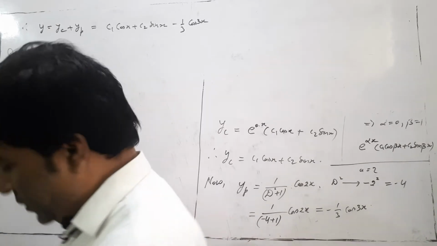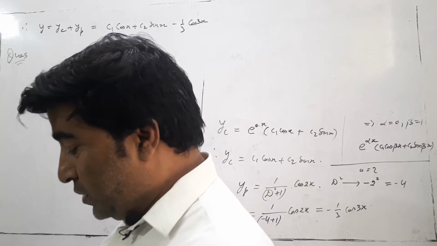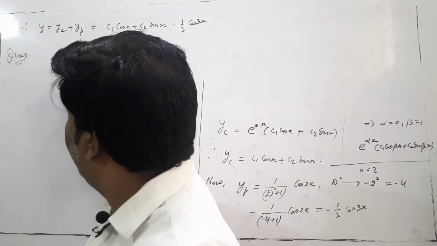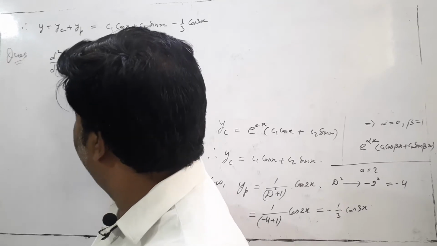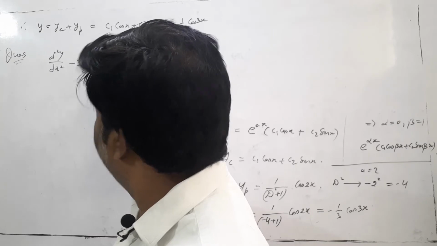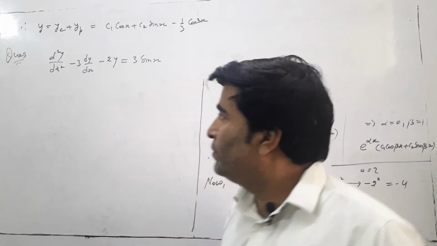Next question, question number 2: solve the differential equation d square y over dx square minus 3 dy over dx minus 2y is equal to 3 sin x.